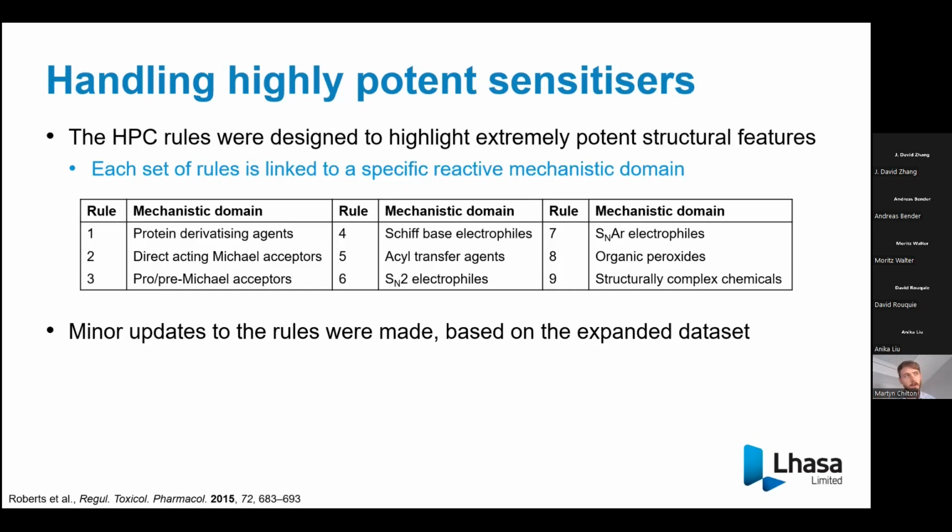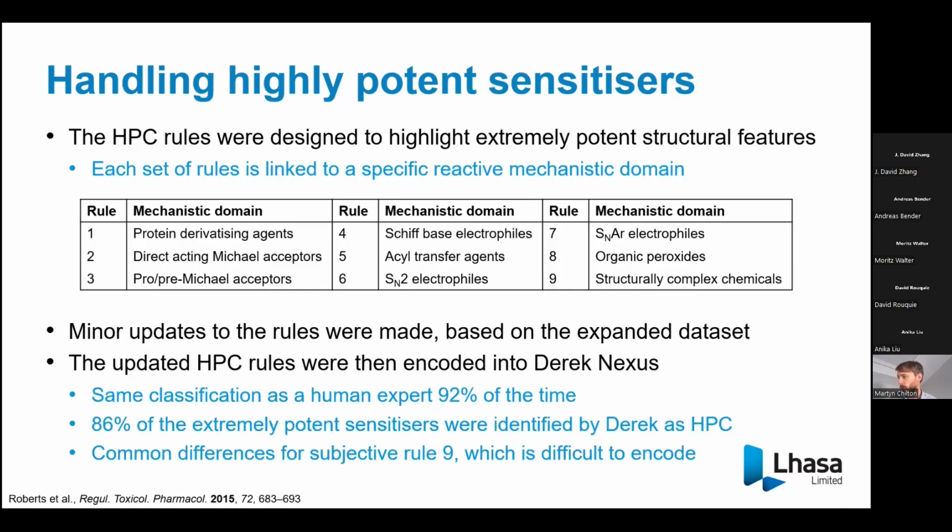This was mainly around unusual toxicophores which weren't present in the original database, so we could tweak the existing rules to better perform for those new chemical structures that hadn't been seen before. With the updated rule set, we then set about encoding that into Derek Nexus, so that it could be applied automatically using an in silico approach.